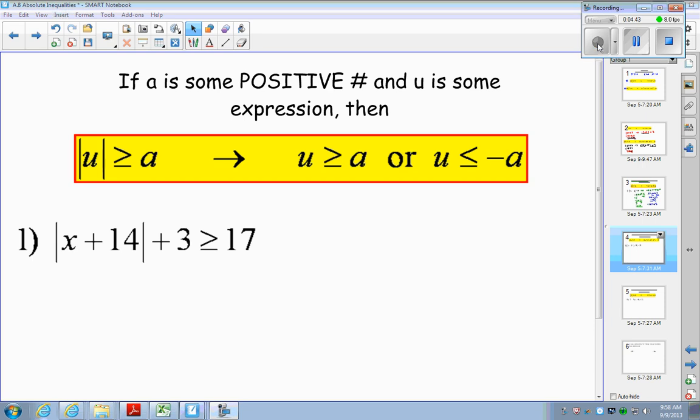For this example, we're going to be changing up our signs. So instead of being less than or equal to, we're going to be looking at greater than or equal to. But before we can even break this apart, we have to make sure we subtract our 3 here and get our absolute value all by itself.